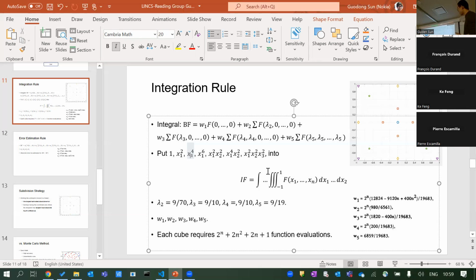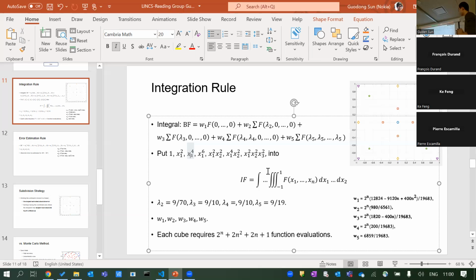Yes, there are different levels of functions here. This f is the basis of all kinds of functions that you can map into this function space.